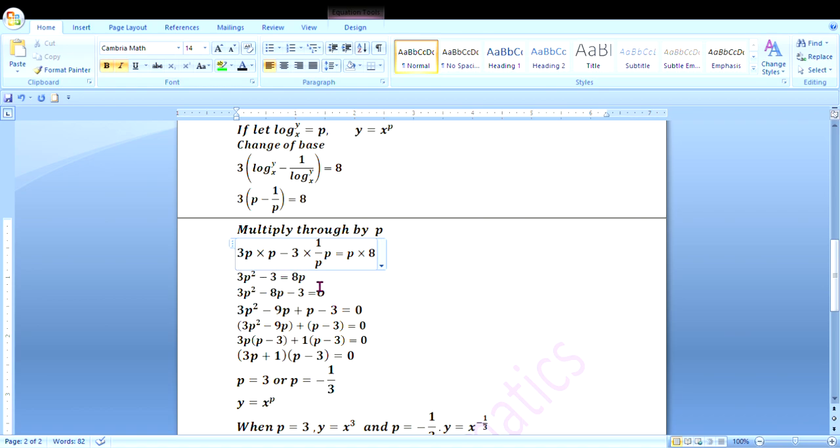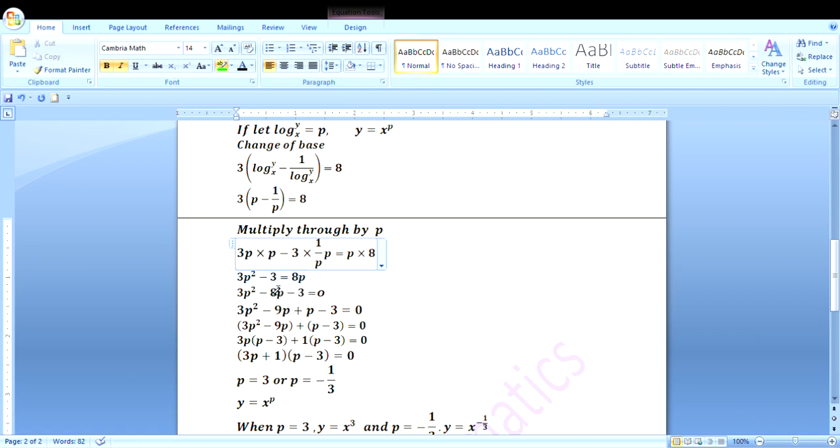If we move the 8p to the left hand side, this becomes 3p squared minus 8p minus 3 equals 0. This is a typical quadratic equation, and that can easily be resolved. So here 3p squared times minus 3 gives us minus 9p squared.